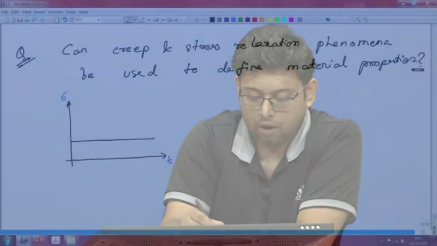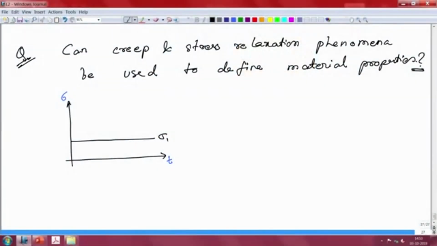You might decide on one value. Let us say student 1 decides on a value of sigma 1 and does the experiment with that. Then we send somebody else, who does the experiment again, but this time chooses arbitrarily some other value. A third student conducts the experiment at a third different level of stress.